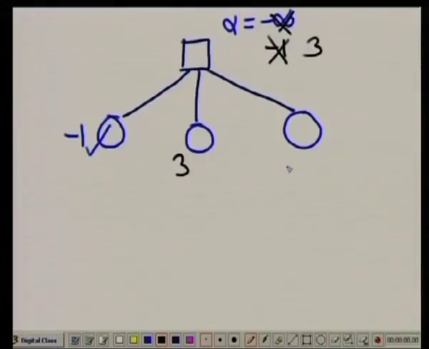If the value of this node is -2, because -2 is less than 3, the alpha value stays as it is. When all the children of the max node have been evaluated, the alpha value is the exact value. But before that, we can say that the alpha value is a lower bound on the exact minimax value.